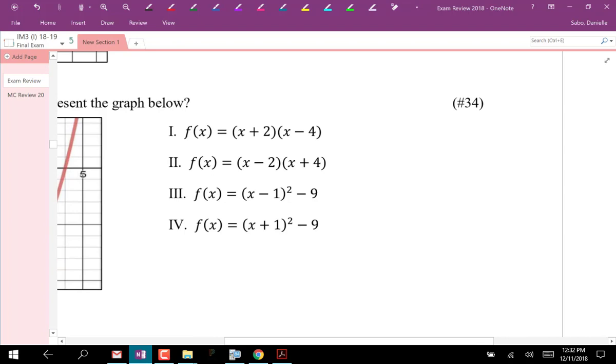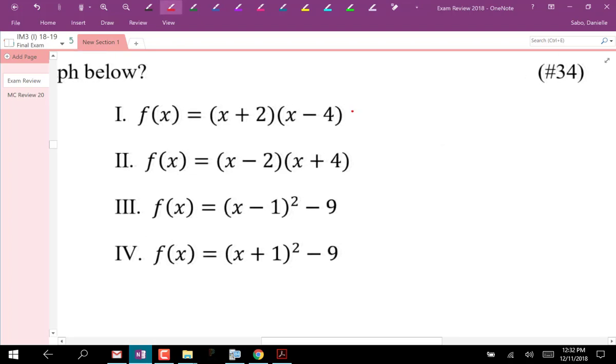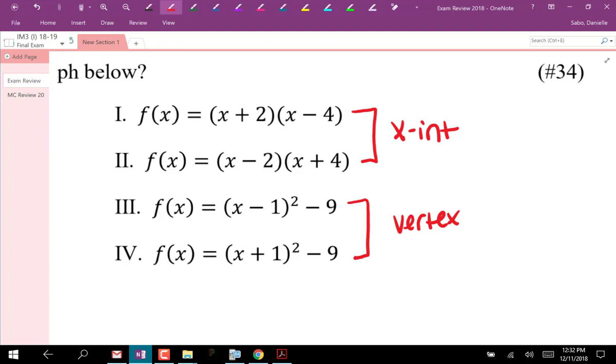Look at your answer choices. These two refer to your x-intercepts. These two refer to your vertex. So when you do this problem, you have to think about what the x-intercepts are, and what the vertex is.